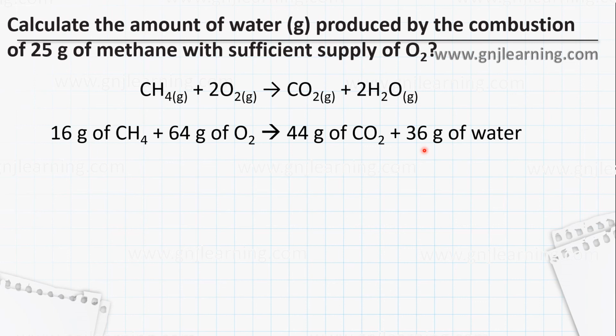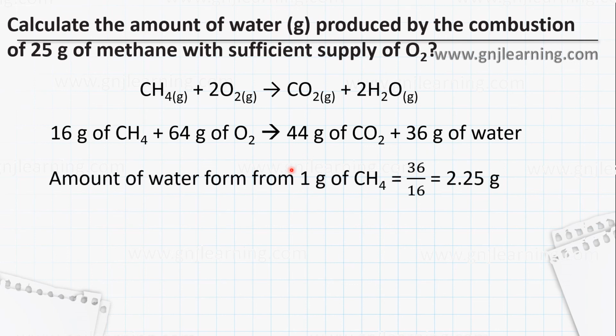What you have to find out is, if I am using 1 gram of methane, how much water am I getting? For that, you have to go to the numerator. So it's like this, 36 by 16, that is equal to 2.25 grams. So by using 1 gram of methane, you will get 2.25 grams.